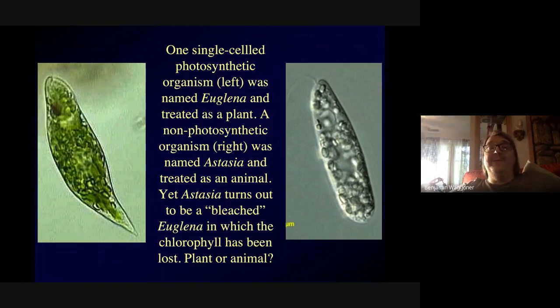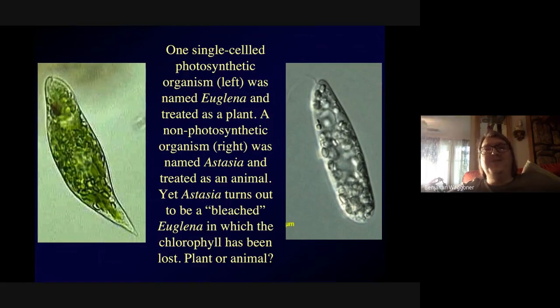What eventually happens is that the chloroplasts break down and disappear, and you end up with a colorless organism that is forced to rely on feeding. So it has to eat things because it now can't photosynthesize. Other than that, they're the same thing. You could turn euglenas into astasias if you just grew them without light.